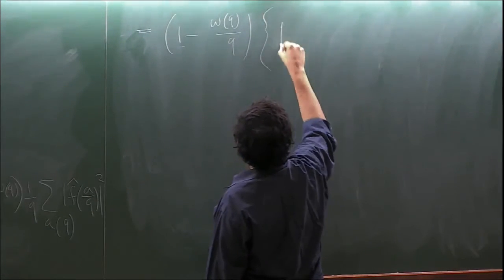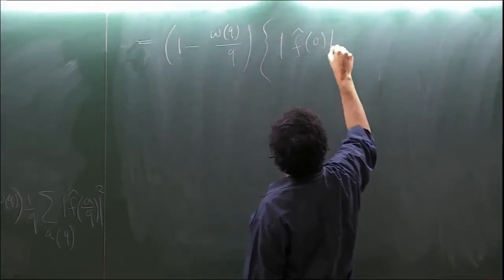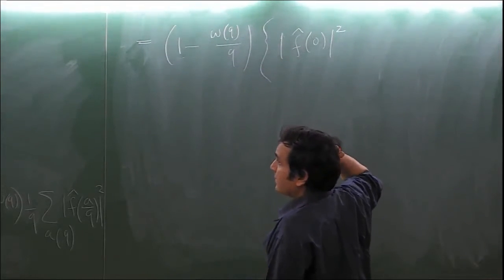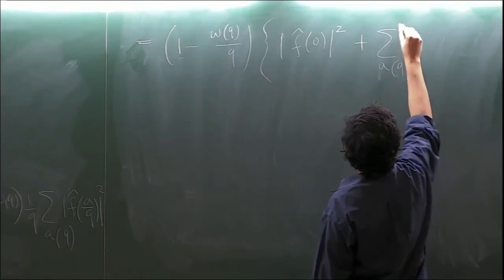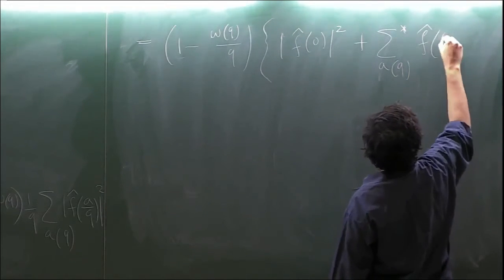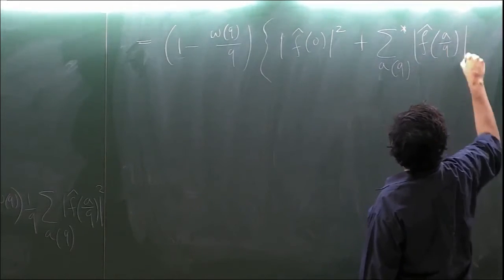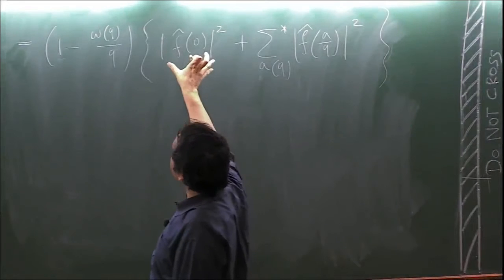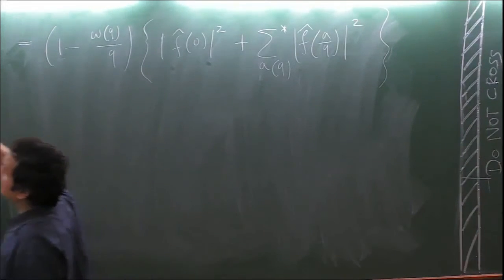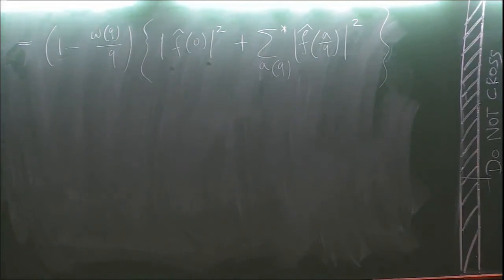So I'll get f hat at 0 squared plus the sum over a mod q star of f hat at this. Now I have an f hat at 0 square here, and I started with f hat at 0. So I'll take that f hat at 0 square to the left hand side.